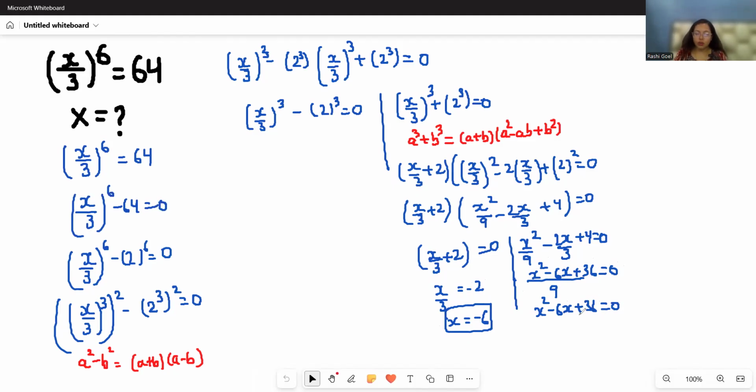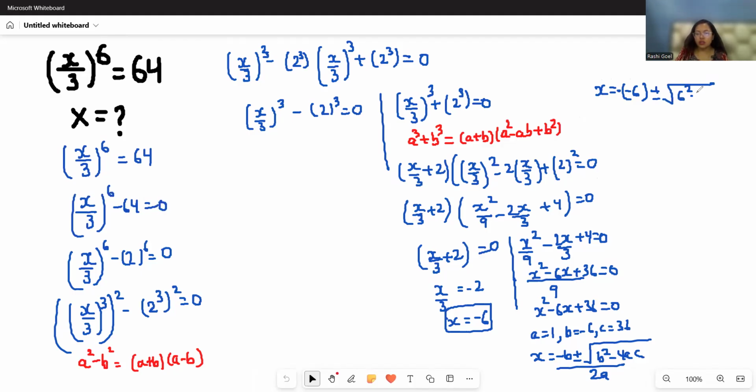So it's a quadratic equation. So a equals 1, b equals minus 6 and c equals 36. So x equals minus b plus minus under root b^2 - 4ac by 2a. So let's put the values: x equals 6 plus minus under root 6^2 - 4 times 1 times 36, by 2.